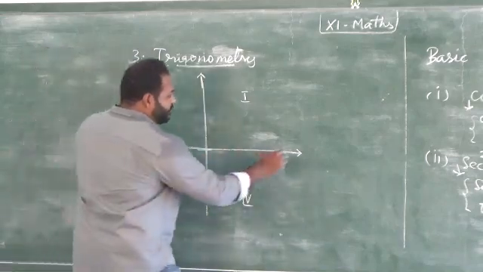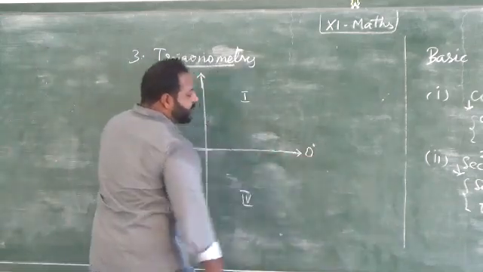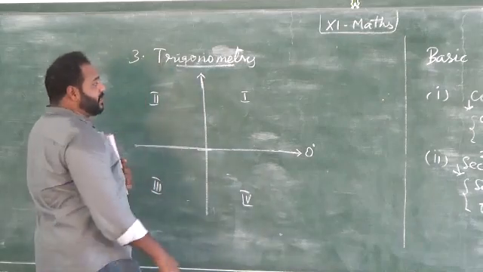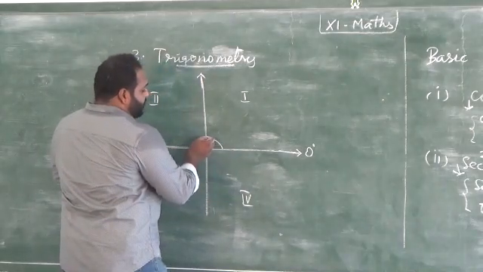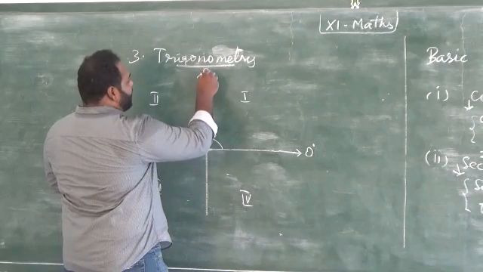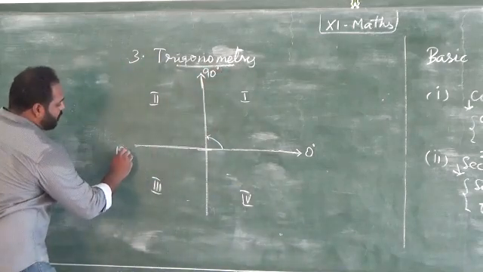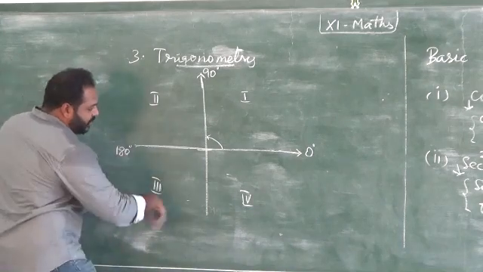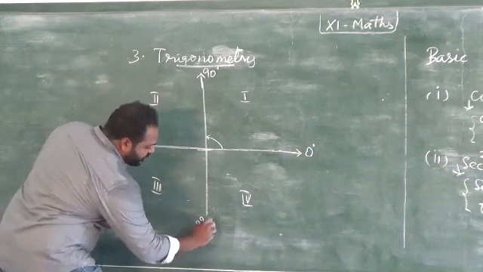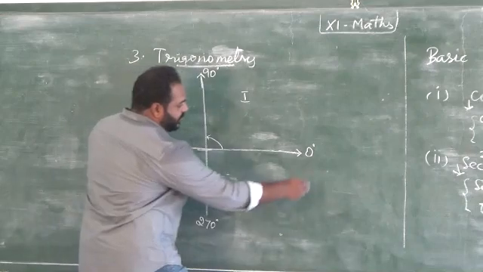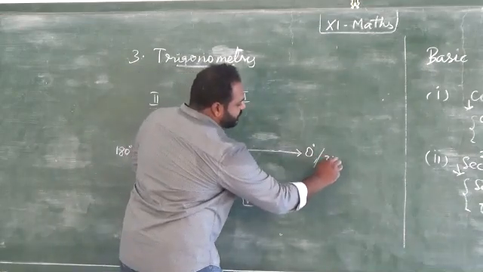Here this is 0 degree. If you measure, this is 90 degree angle. After 90 it is 180 degree angle. After 180 it is 270 degree angle. After 270 it is 360.